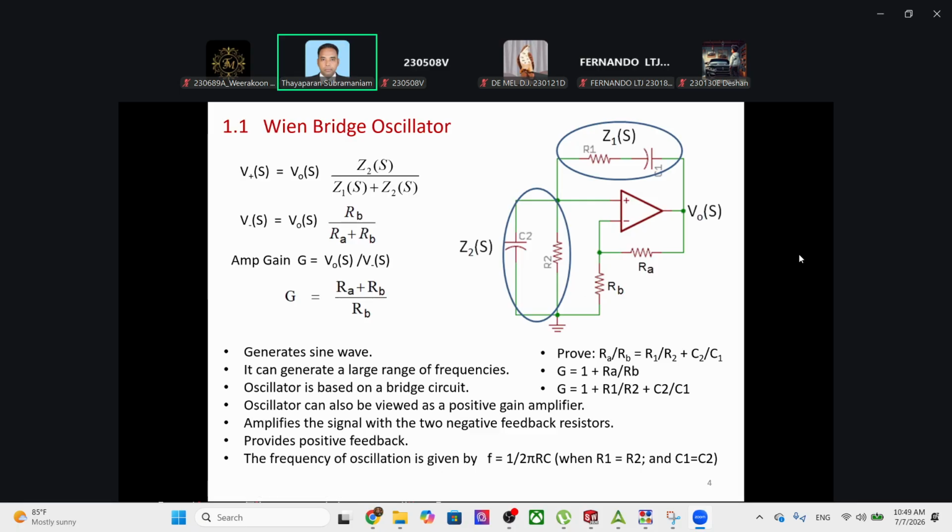Therefore, the current through these components should be much higher than the current going to the non-inverting terminal of the op-amp. So these are some of the checks that you can do. If you want to do oscillator design, taking one breadboard, getting all the components, connecting the circuit, and observing the output is not the approach.